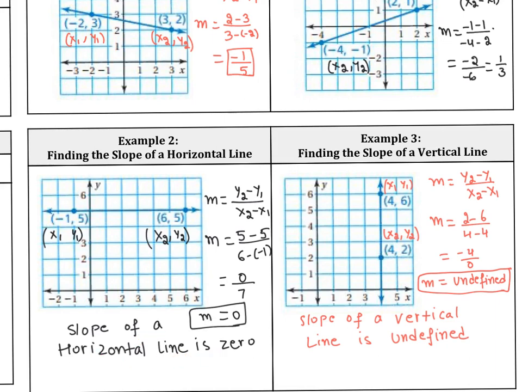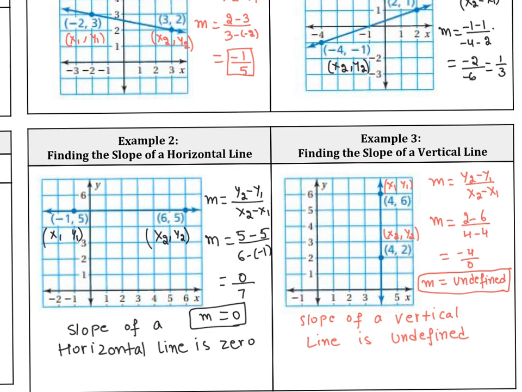Now let's find the slope of a vertical line. So I label the top point as x1, y1 and the bottom as x2, y2. And using the formula y2 minus y1 divided by x2 minus x1, so 2 minus 6 on the top because y2 minus y1.